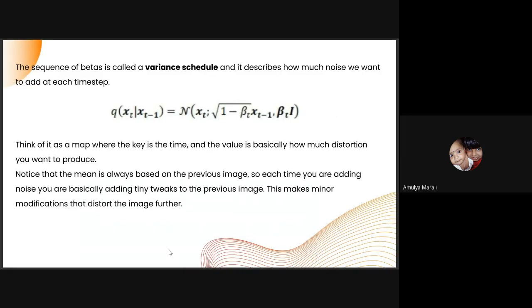Coming to the variance schedule, what does it do? How will the model, or anything that is monitoring this, get to know how much noise has to be added at each step? In order to take decisions on that, we have something called the variance schedule.